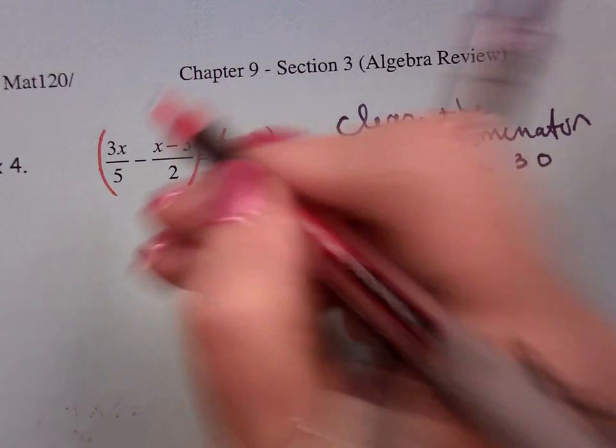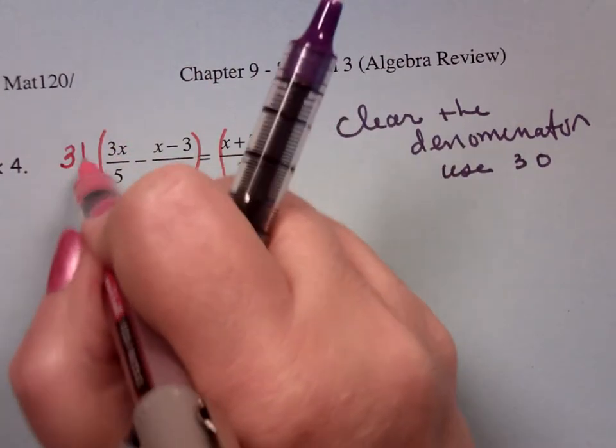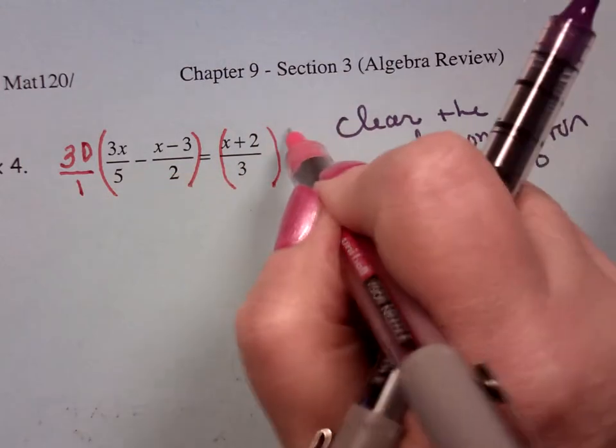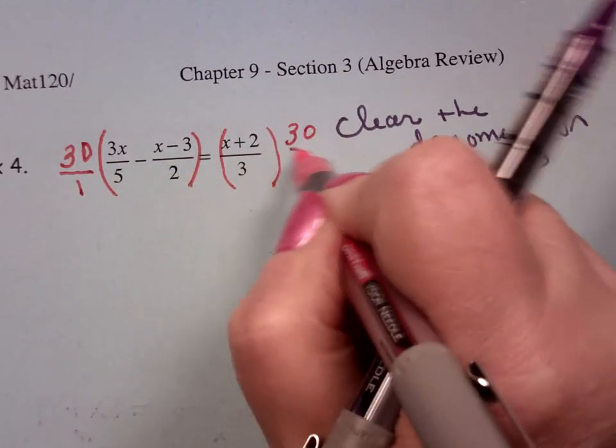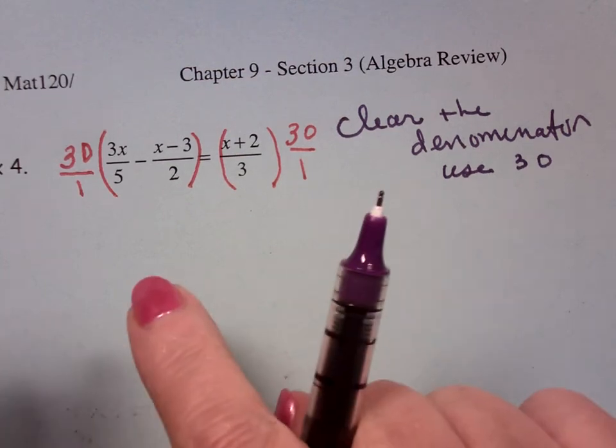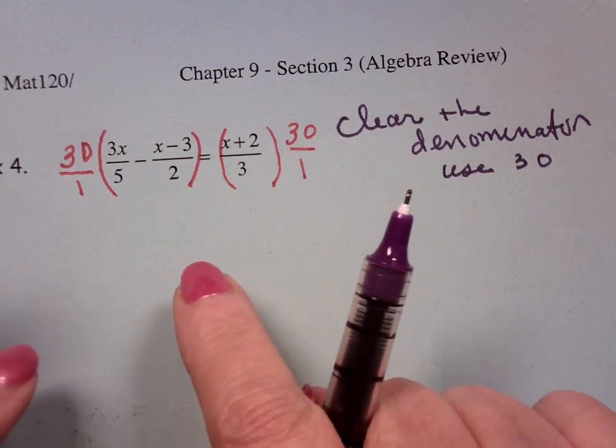That means if I were to multiply the left-hand side by 30 over 1 and the right-hand side by 30 over 1, because I'm doing the left and the right by the same number, they are still equal. And I chose 30 because it's going to kill the denominator.